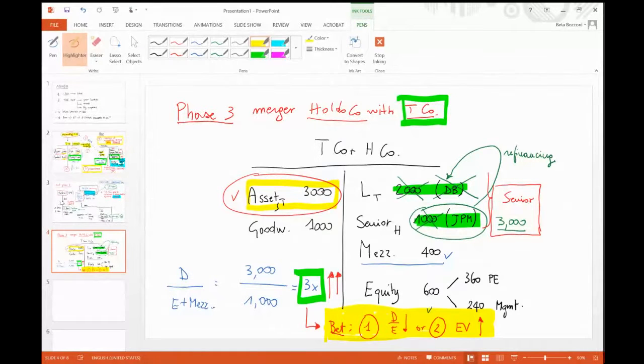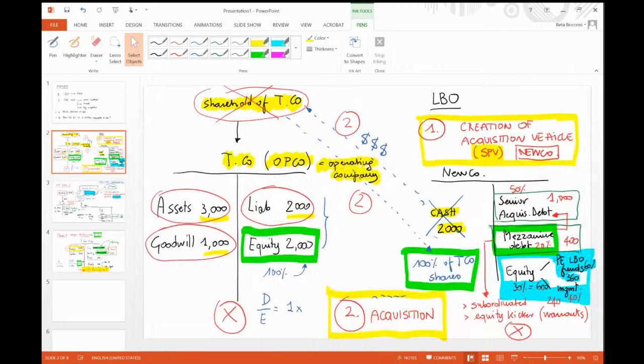Before understanding when this bet is less risky, let me just go back to one point. The point that I want to make before talking about the bet is essentially the composition of the capital structure. So how much is used of the different layers of capital structure to finance a standard LBO?